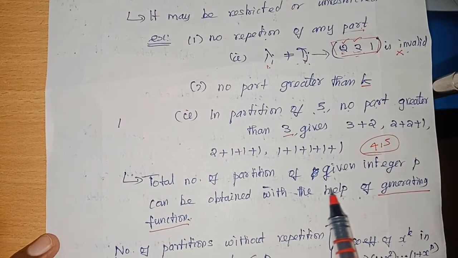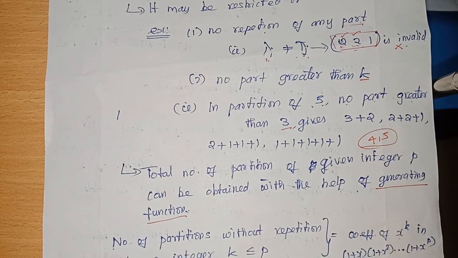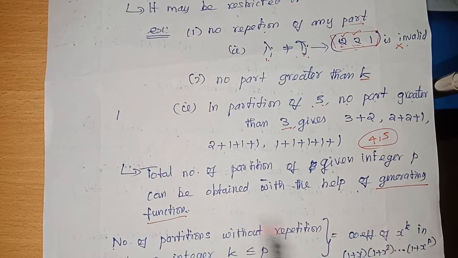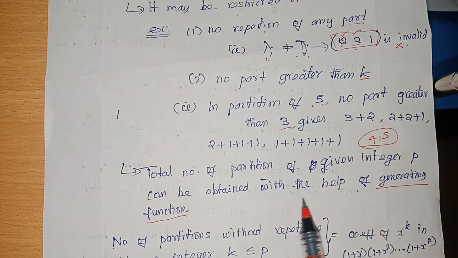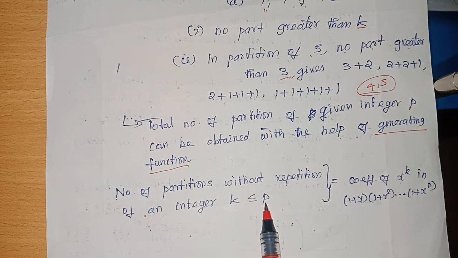The total number of partitions of a given integer can be obtained with the help of a generating function. So slowly they have clubbed the concept of partition with generating function. For example, take the number of partitions without repetitions of an integer. I have to collect the partitions of an element p where repetition is not permitted.